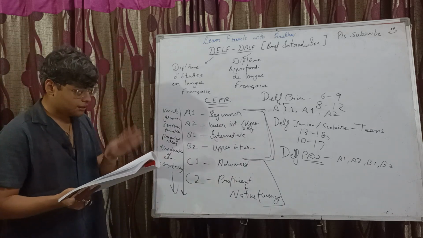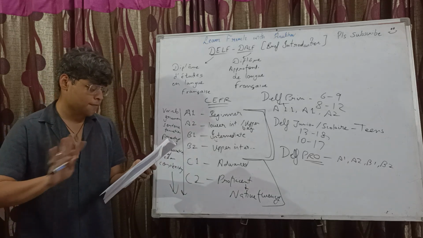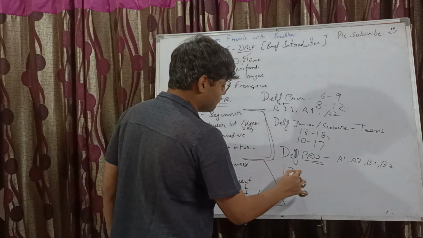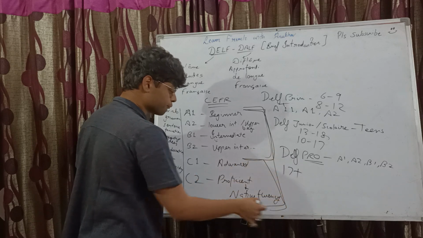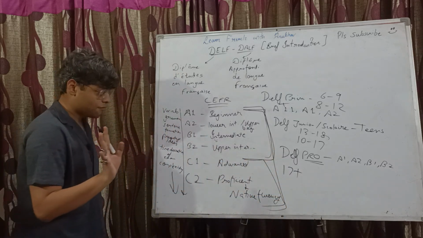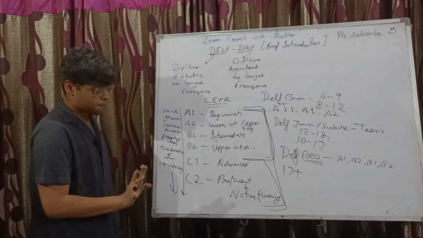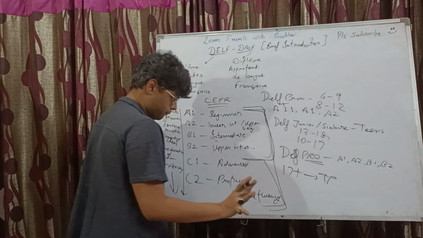Okay, so DELF, these levels we have talked about: DELF Pro, Junior, Scolaire, Prim. Tout Public, 17 plus is the age requirement. Six levels: A1, A2, B1, B2, C1, C2. Tout Public is open to all.